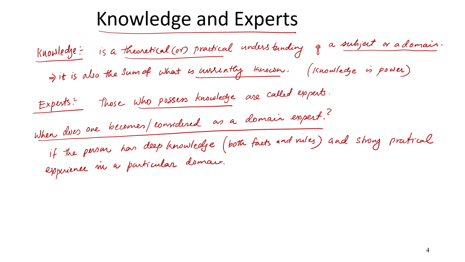So, the two critical aspects required for a person are deep knowledge of both facts and rules and strong practical experience. These combined aspects make us consider that the person is an expert.